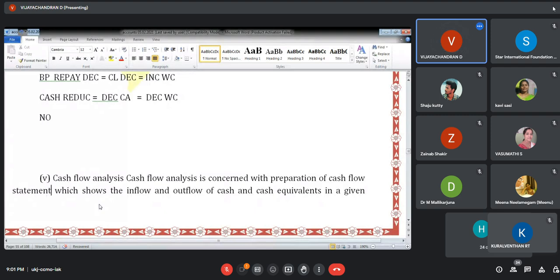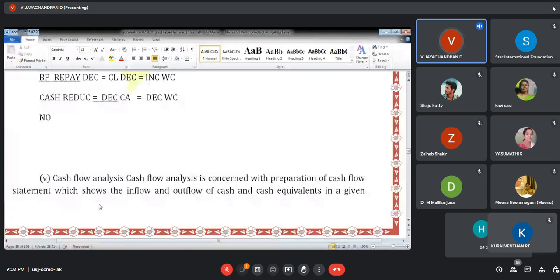Part 2, cash means cash incoming and cash outgoing. Cash from investment activities. Investment activities means how much asset you acquired, how much asset sold. And the third one is cash from financing activities.